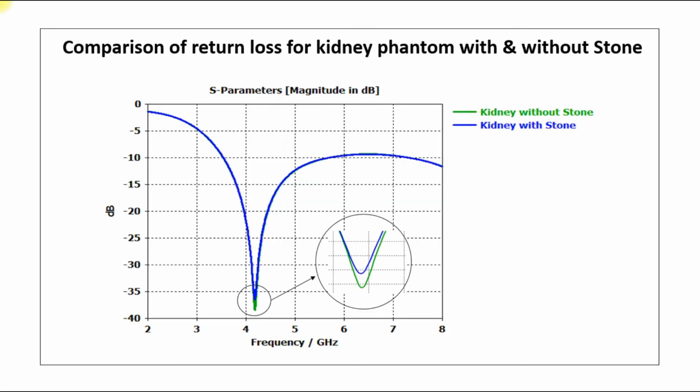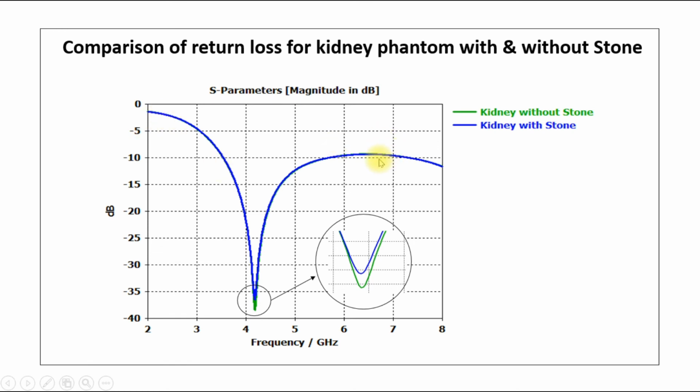When the reflected signal is captured by the same antenna, we can plot this graph, called the reflection coefficient, or S11 graph. This graph has frequency on the x-axis and return loss on the y-axis. Here I am comparing two graphs.